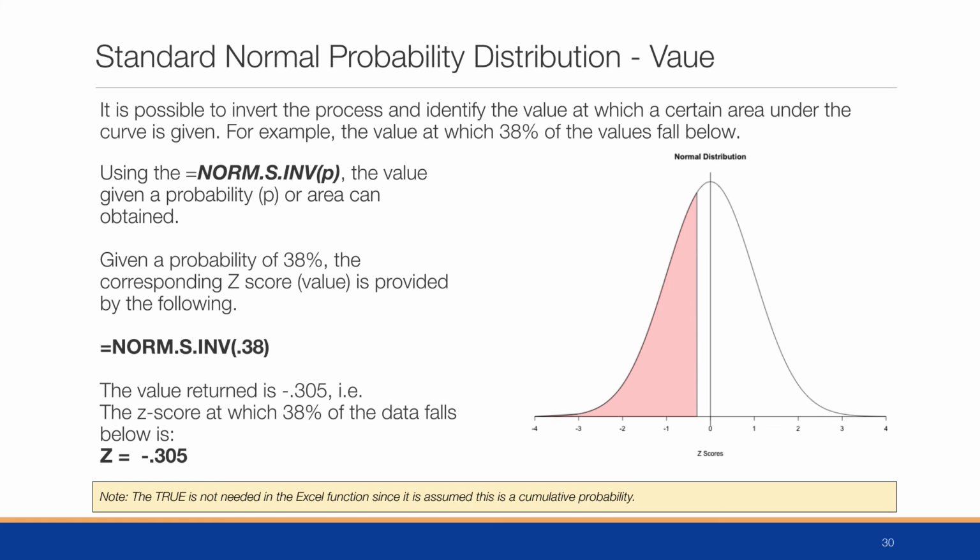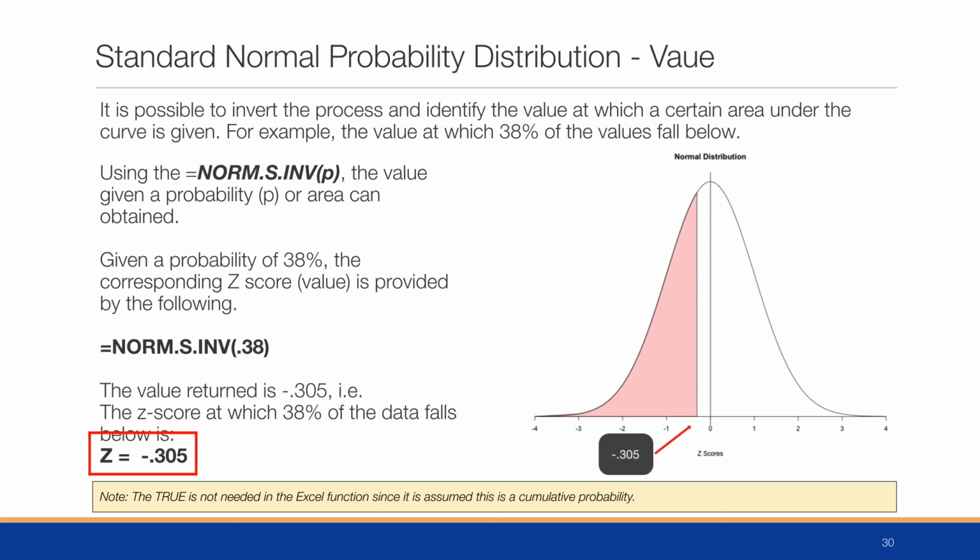Now, what if we want to go the reverse way? We can invert this process and identify the value at which a certain area under the curve is given. For example, the value at which 38% of the values fall below. Using the standard normal probability distribution, we have NORM.S.INV and the probability. Given a probability of 38%, the corresponding z-score is given by NORM.S.INV(0.38), and the value returned is negative 0.305.